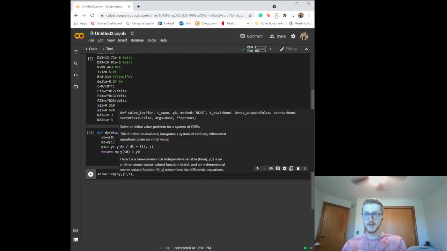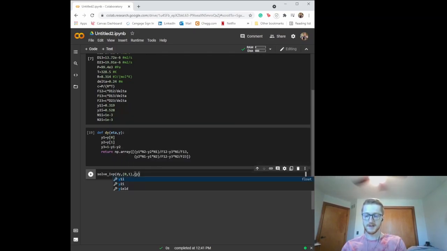Then it wants an initial guess y0, and in this case this is our initial guesses for our mole fractions, which we defined as y1i and y2i.